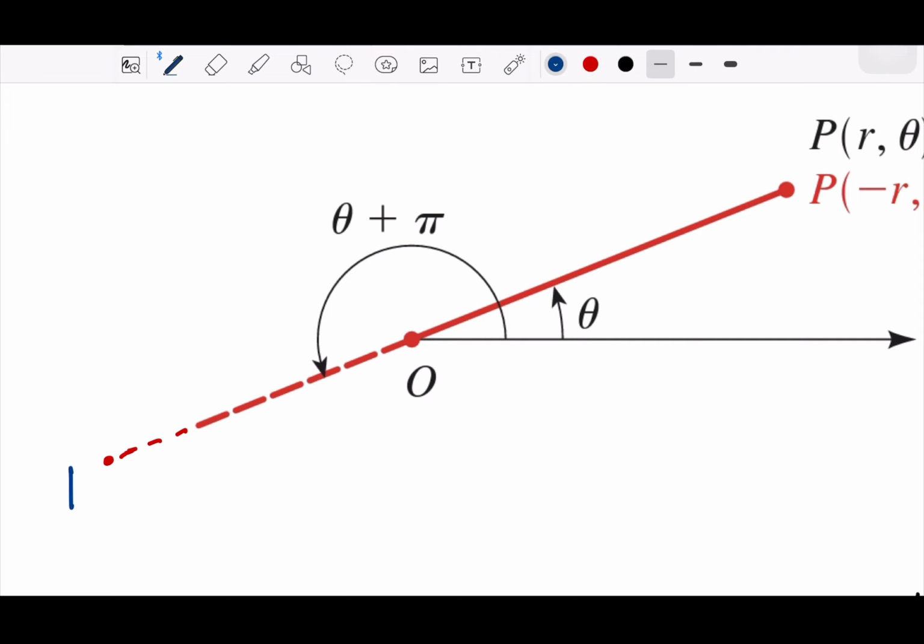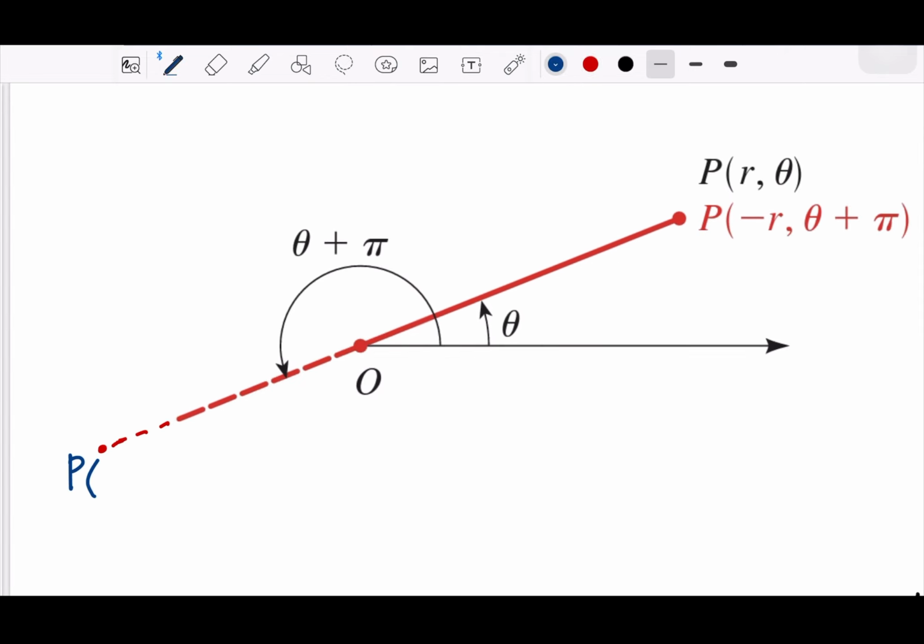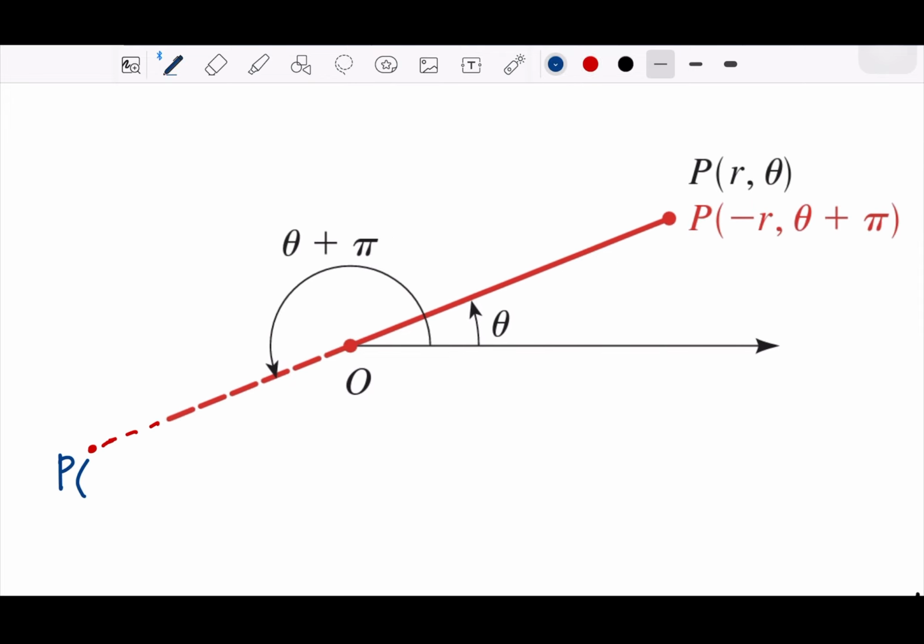So this will be another P, just to give you some additional information. This is negative r and theta. And it's actually the same as when we take r and then take theta plus pi. Now I hope you understand the point of view in this description.